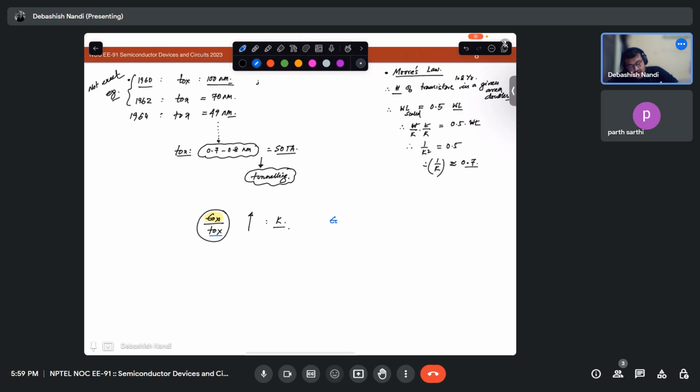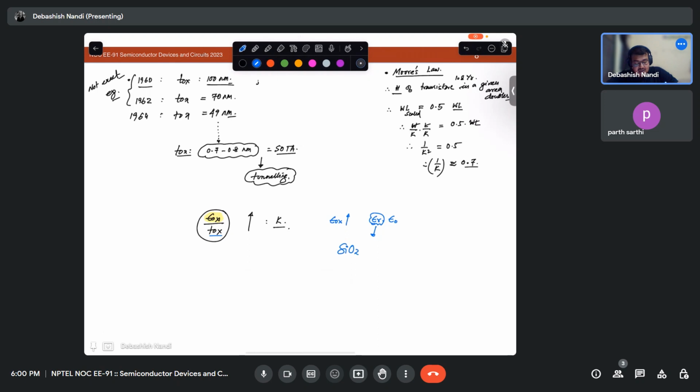Now suppose instead of decreasing TOX, how can I increase Eox? Eox is not the metal, metal is a material. So what is it? It is Er times E naught. So Er you can improve?